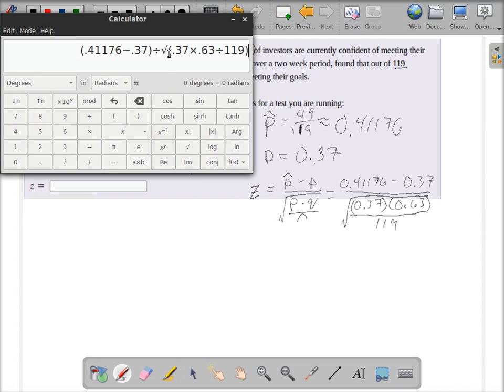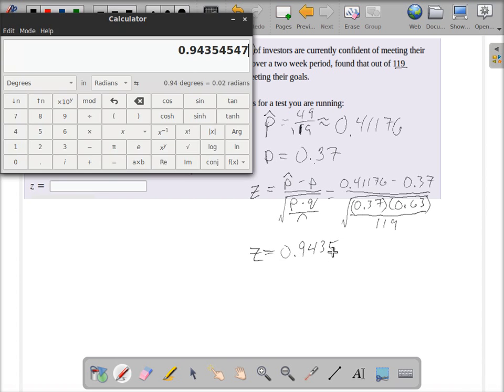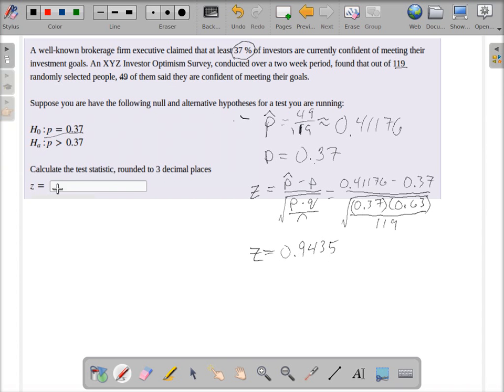Notice everything in the parentheses is considered to be under the square root. So I get a test statistic of 0.9435. So we'll say z equals 0.9435, and that is my answer that I would plug in here.